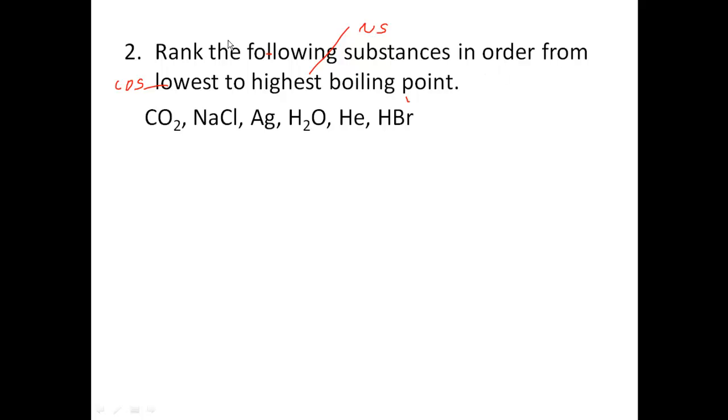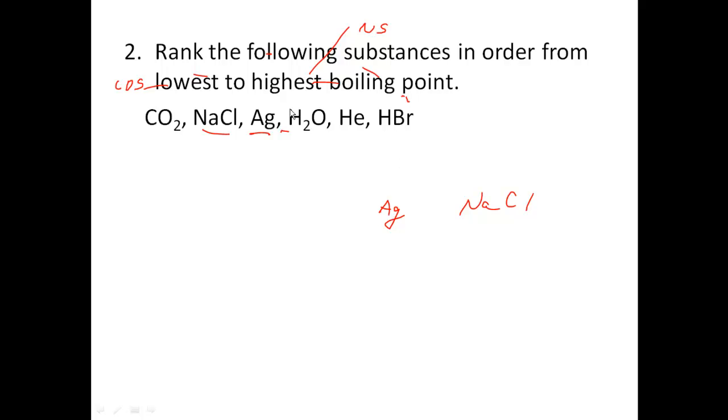Do we have something that is then ionic? Yes, we do. We have NaCl, which is ionic, so that is going to hold together really well. And now we're looking for something that is metallic, which is our next one, and that's Ag. And then we're looking for something with hydrogen bonding.